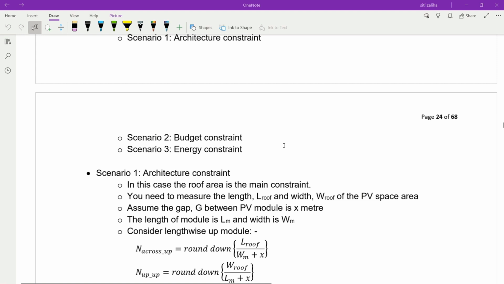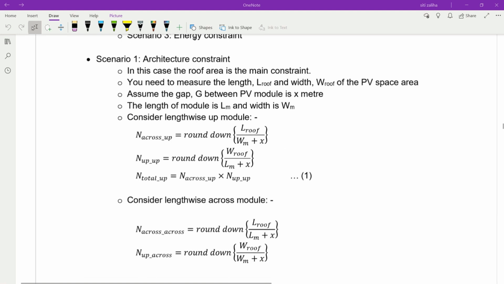Scenario number 1, architecture constraint. In this case, the roof area is the main constraint. You need to measure the length of the roof and the width of the roof of the PV space area. Assume the gap G between PV modules is X meter.